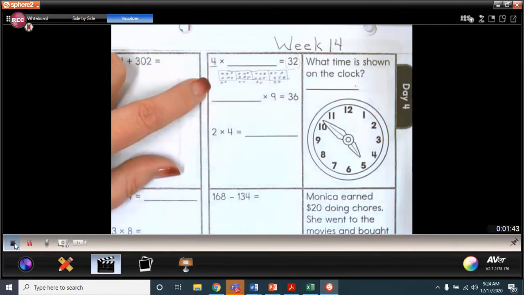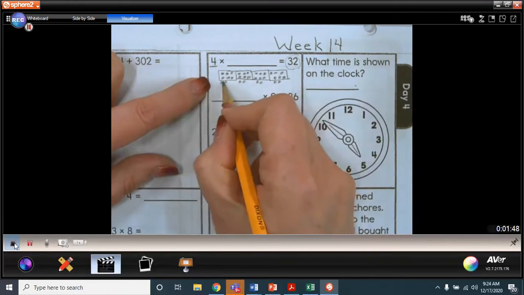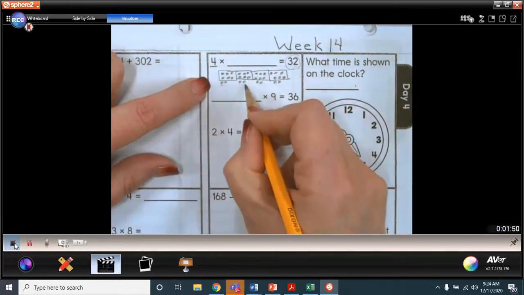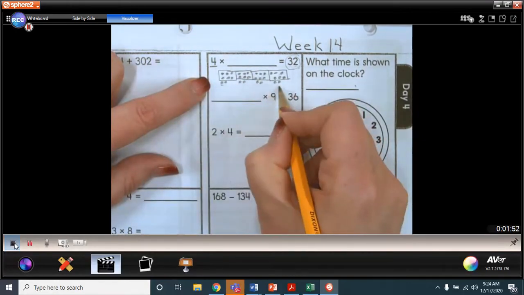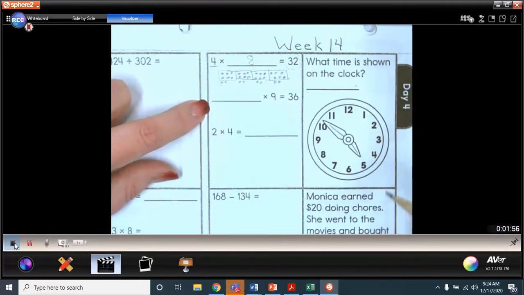Probably should have made my groups a little bigger, but it's okay. So we have 6 and 2 here is making 8, 8, 8, and 8. So there are 8 objects in each group.